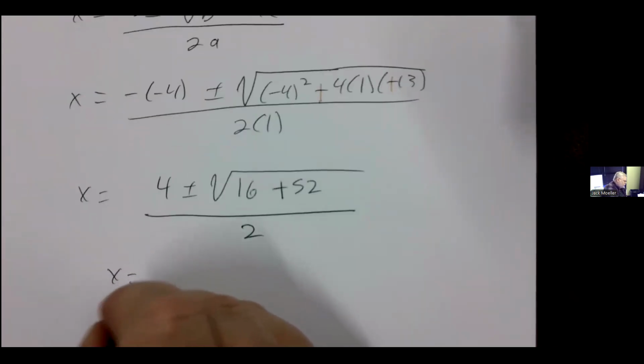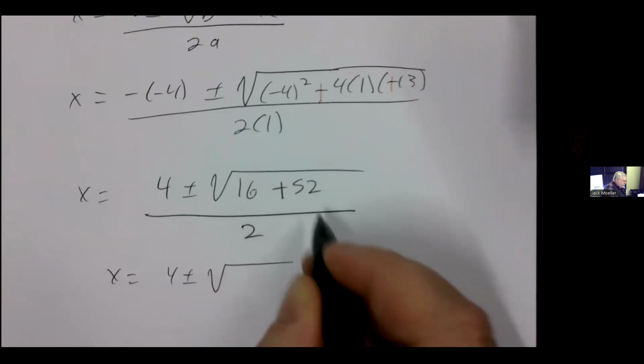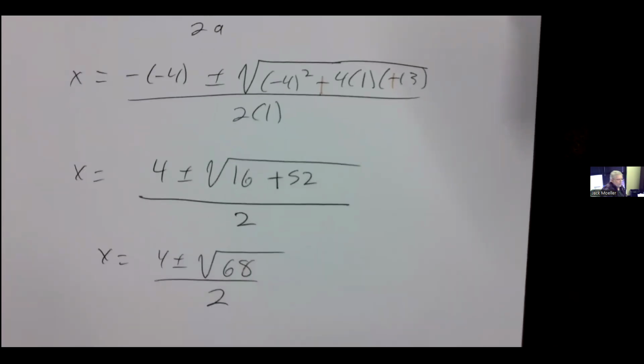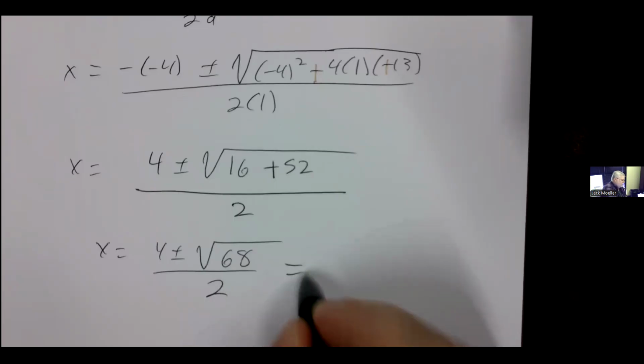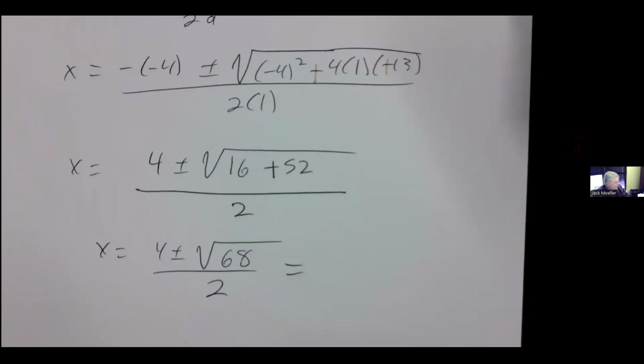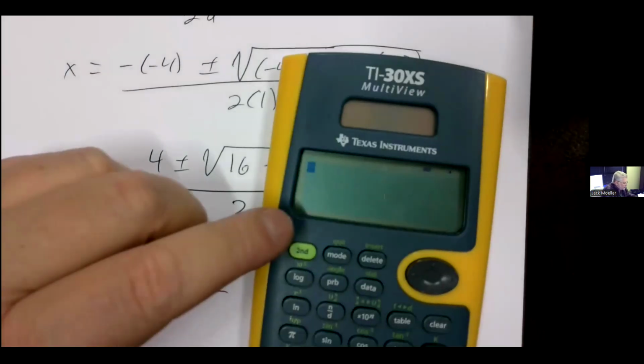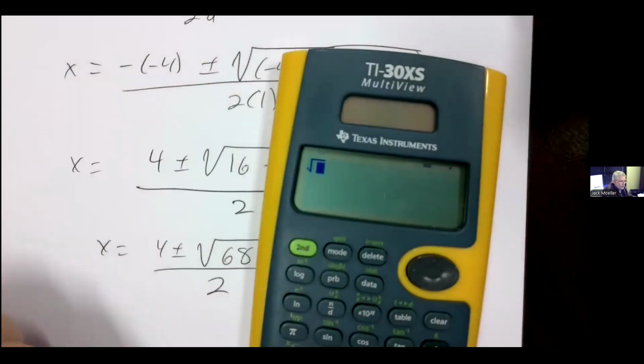All right, so x equals 4 plus or minus the square root of 16 plus 52, which is 68, over 2. Now, 68 is not a perfect square, because 7 squared is 49, 8 squared is 64, 9 squared is 81. If you don't have the nice little scientific calculator, again, you're going to have to do your factor tree.